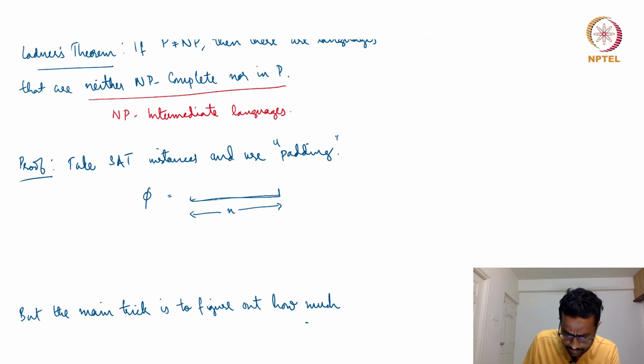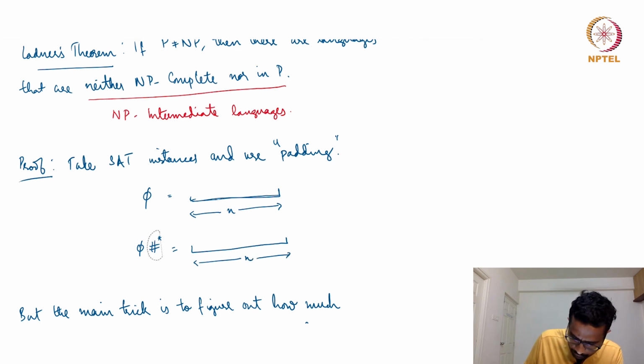Now what I can do is something like this. I could take a special symbol, or I can even do it with some ones and zeros. Maybe I can make a new special symbol, let's say hash, and I can add a lot of hashes. The first part is exactly the same, of length n, the same formula phi, and I'll change the hash to red color so that you know the distinction.